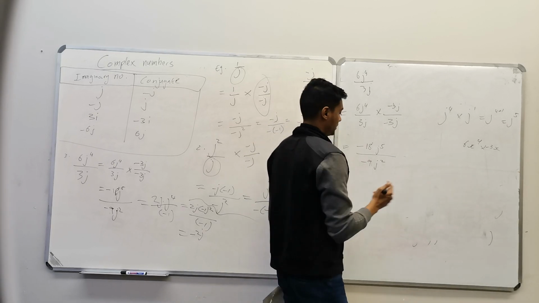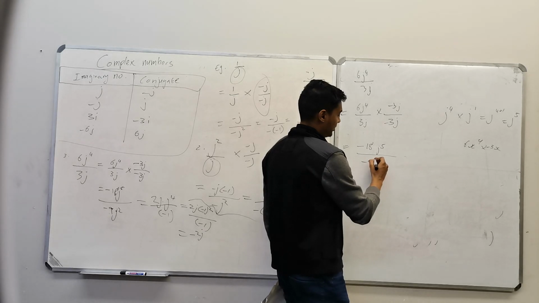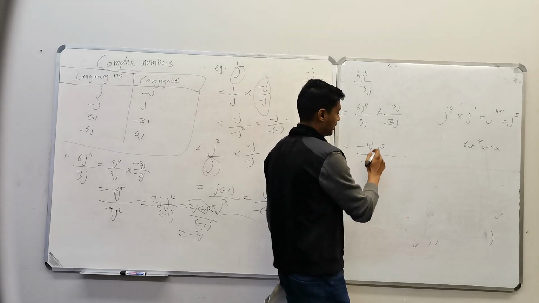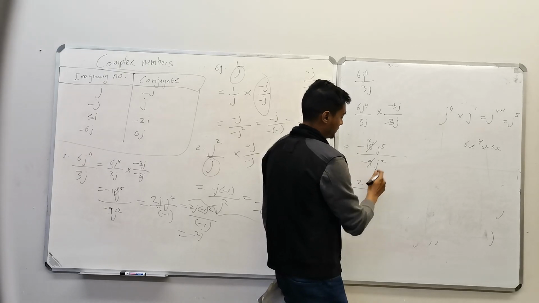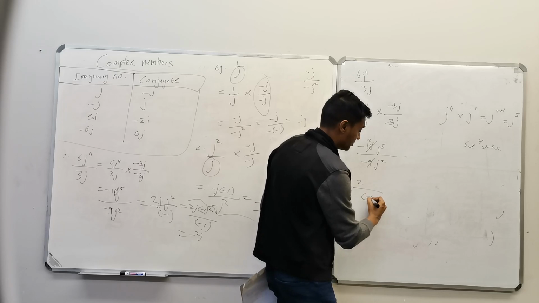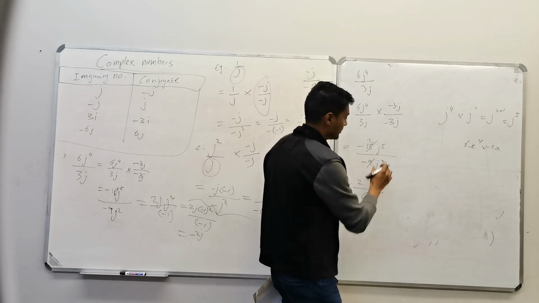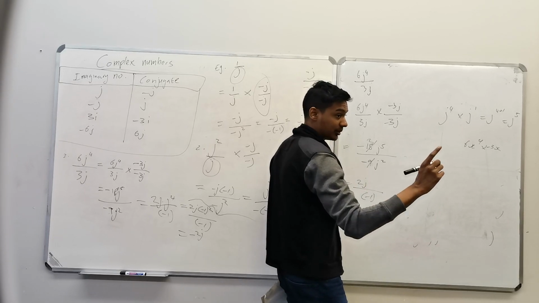We know the positives will cancel out. 9 goes here 1 time, 9 goes here 2 times, so you put 2 there. What's happening to our j here? j squared becomes minus 1, am I right? Now let's work with our j5. We pull out 1j because it's an odd number.